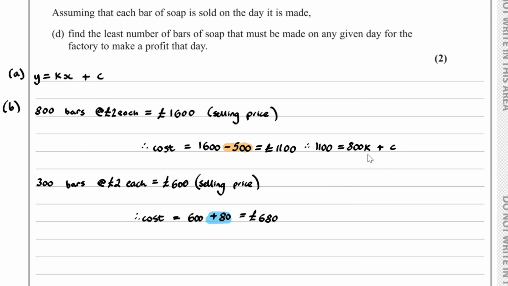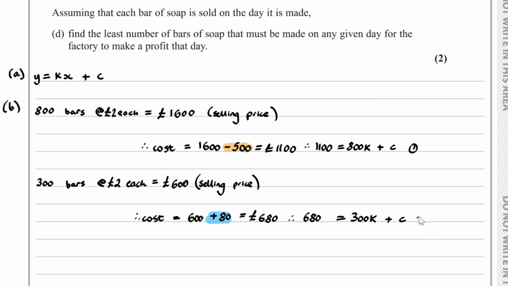So we have x being 800, that's how many bars of soap, and then y, that's the cost. So we have 1100 equals 800k plus c, and similarly over here we have 680 equals 300k plus c.